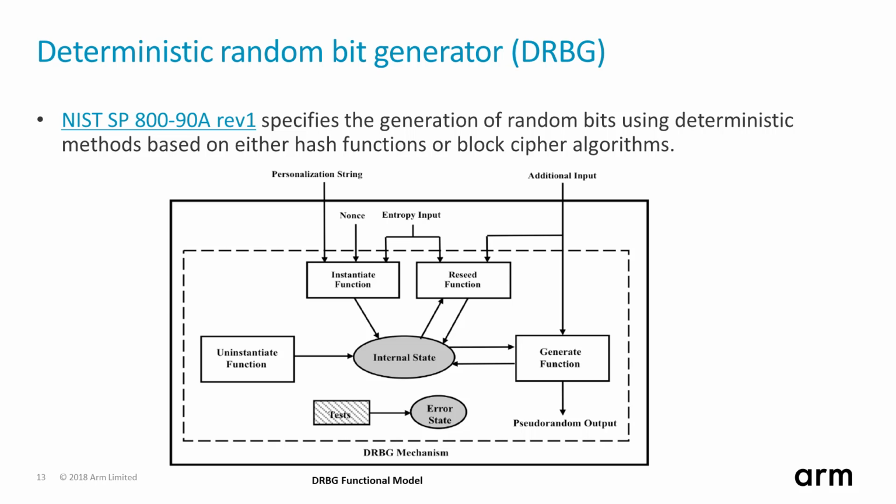If you look at that figure, which is taken from this NIST specification, it aims to explain the concept. In the middle is the pseudo-random function, and it takes various inputs. The most important input comes from one of the entropy sources, our hardware-based random number generator, but there are other things like a personalization string and nonce additional input.